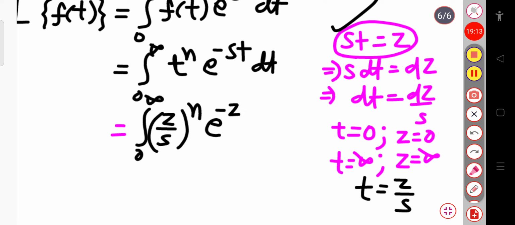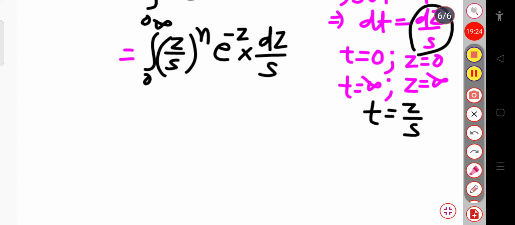In place of dt I will write dz by s, so this will be dz by s. Now I will take every constant out of the integration, so this will be equal to, here s power n, here s power 1. I mean to say this is 1 by s power n and this is 1 by s, so this will be 1 by s power n plus 1.